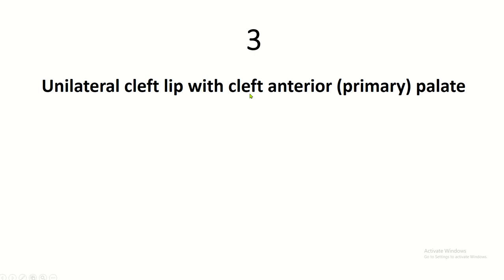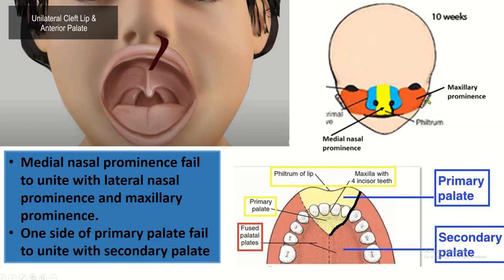Unilateral cleft lip with cleft anterior palate. So here the medial nasal prominence failed to fuse with the lateral nasal prominence and maxillary prominence, and internally one side of the primary palate failed to fuse with the secondary palate.